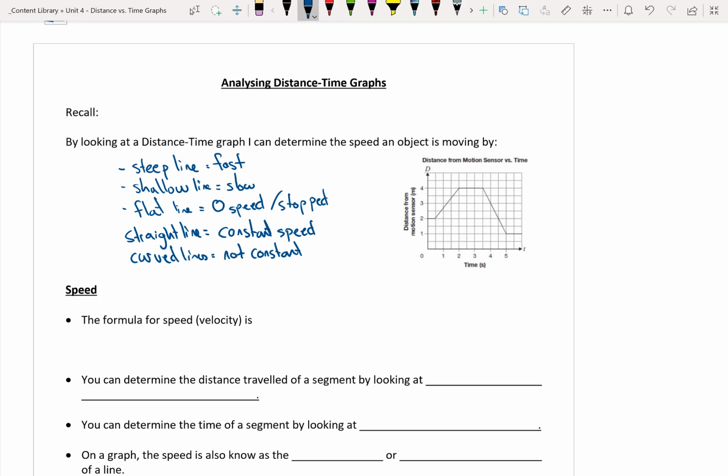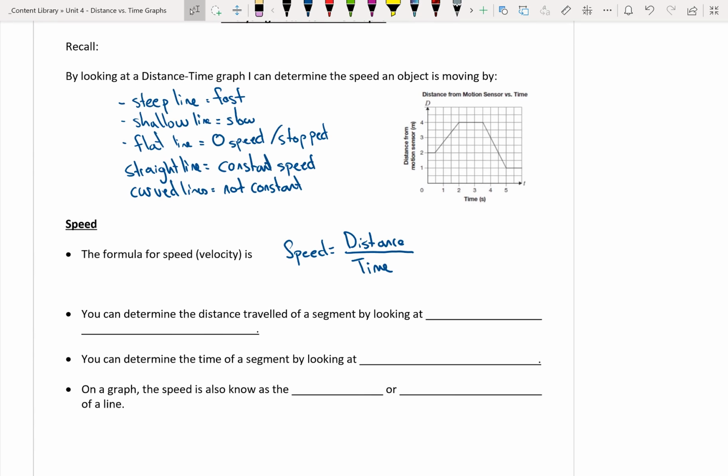Just to recall, the formula for speed or velocity is speed is equal to distance divided by time. This may be something that you've seen in science class. You can determine the distance traveled of a segment.